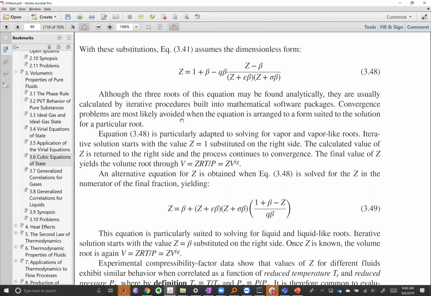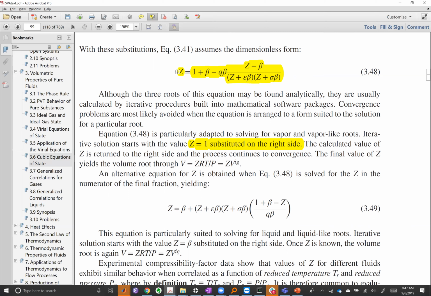So if you start with a value of z equals 1, substitute it on the right-hand side, you're going to calculate what that value is, and it's going to come out to a number. It might come out to the value of 1. If it comes out to the value of 1, then that means that the right-hand side and the left-hand side evaluated the same number and the equation is satisfied. It's probably not going to come out to 1. Maybe it comes out to 0.9.